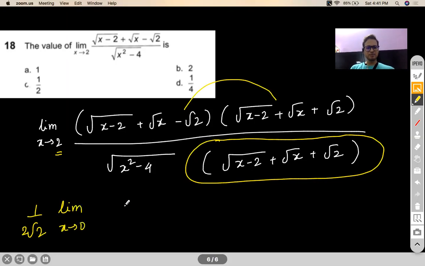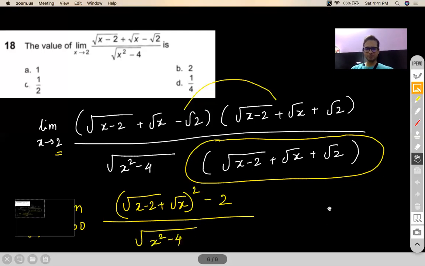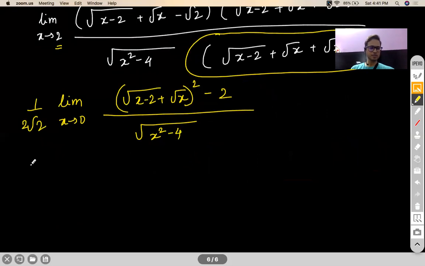Numerator term will become under root of x minus 2 plus root x whole square minus 2, by under root of x square minus 4. So this will be the limit as x tends to 2.